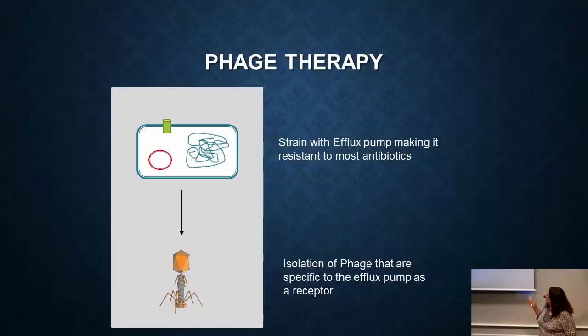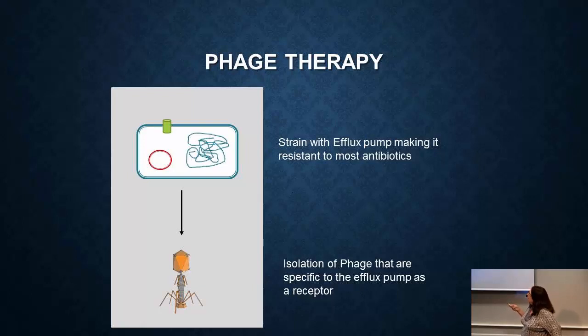Another approach that was recently published in the last year or so has to do with two things I told you about: efflux pumps, which you remember are these proteins or protein complexes that can pump out the antibiotic, and phage. What they did was they had a patient who had a very bad infection, who was untreatable, basically.